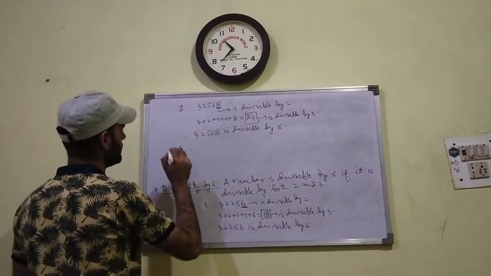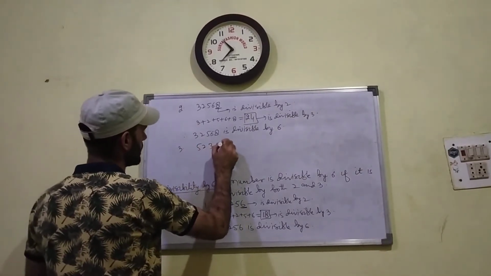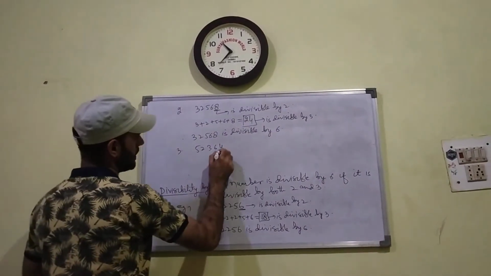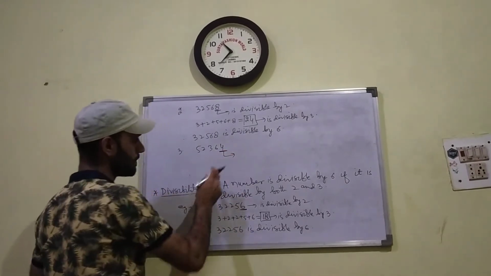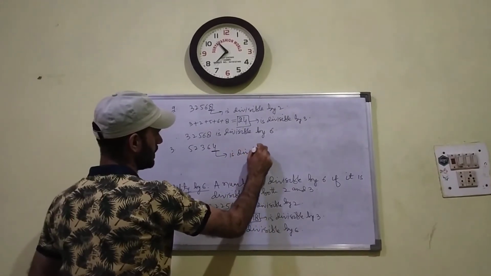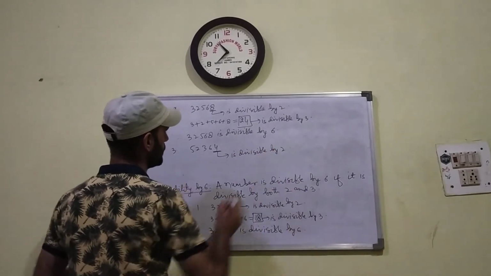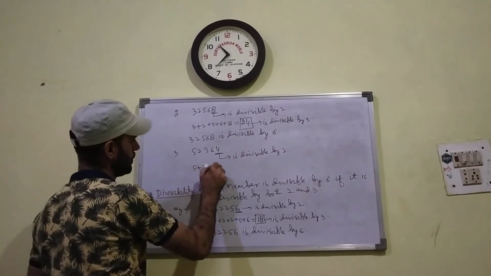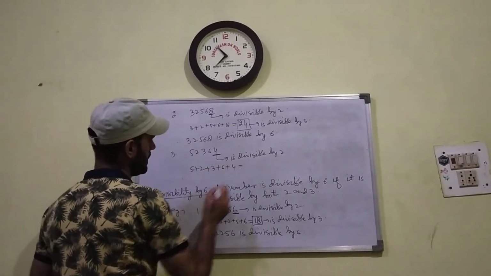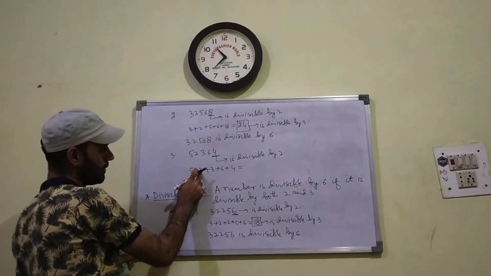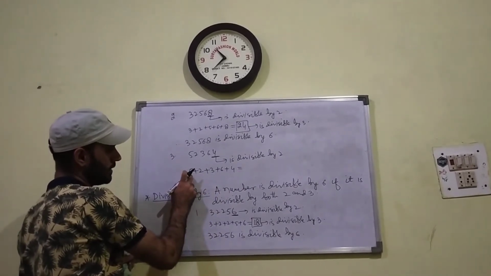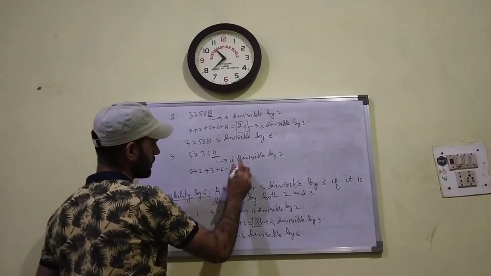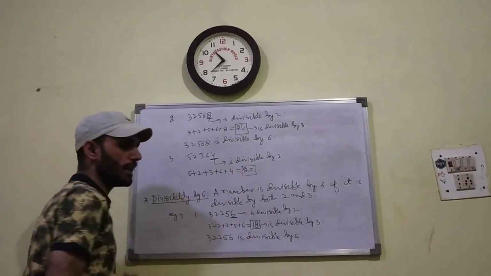Let's take another example. 52,364. Is this divisible by 2? Yes, because the digit is even, it is divisible by 2. Is this divisible by 3? Let's check. 5 plus 2 plus 3 plus 6 plus 4: 5 plus 2 is 7, 7 plus 3 is 10, 10 plus 6 is 16, 16 plus 4 is 20. Is 20 divisible by 3?